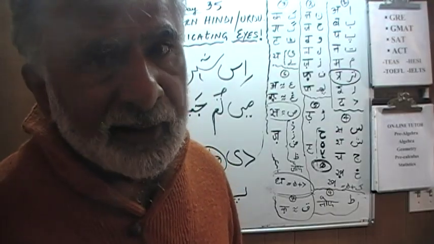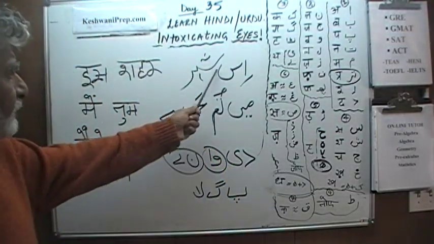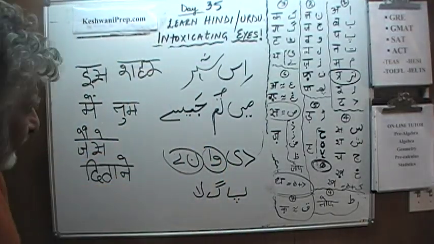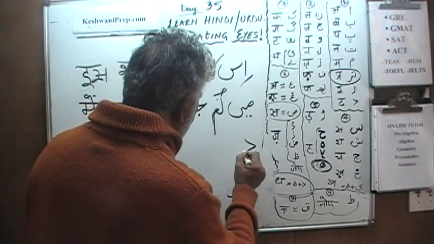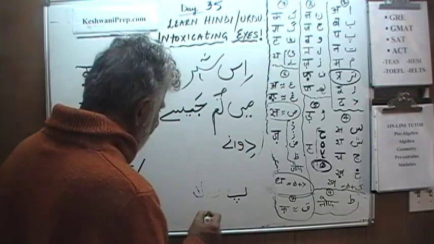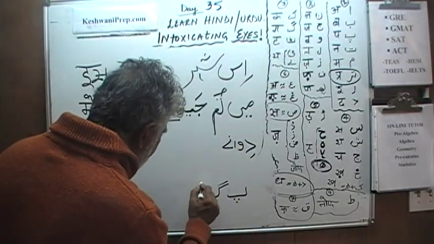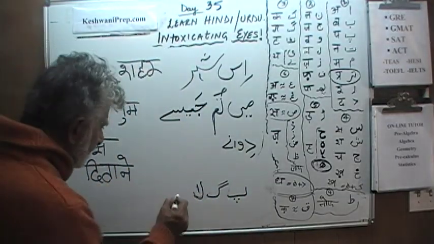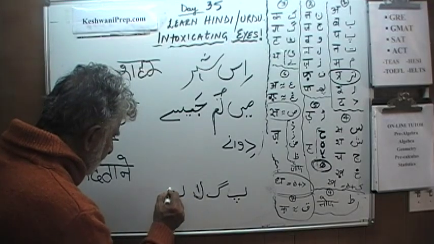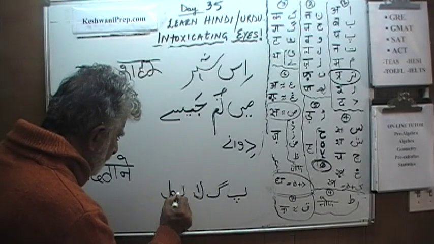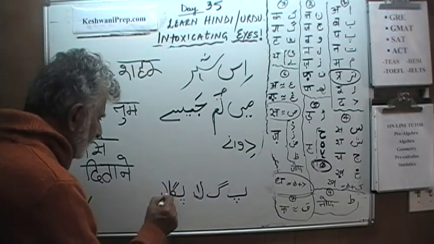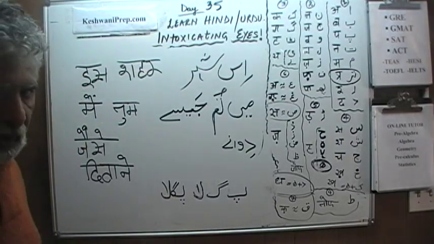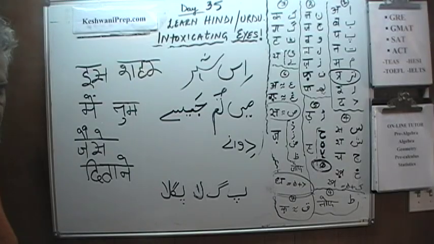The plural is divane. इस शहर में तुम जैसे दीवाने. I erased this part, I didn't mean to. Let's put the pagla together. Pa, and then a ga, and then la. That's how you write pagla. What I had written here was pagal. Pagla.